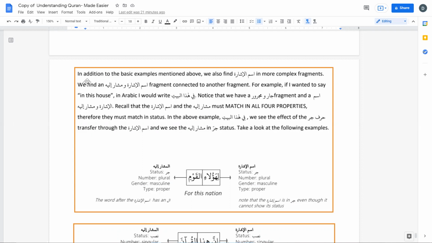Let's see. In addition to the basic examples mentioned above, we also find ism ishara in more complex fragments. We find a pointer fragment, ism ishara or mushar ilayh, connected to another fragment.